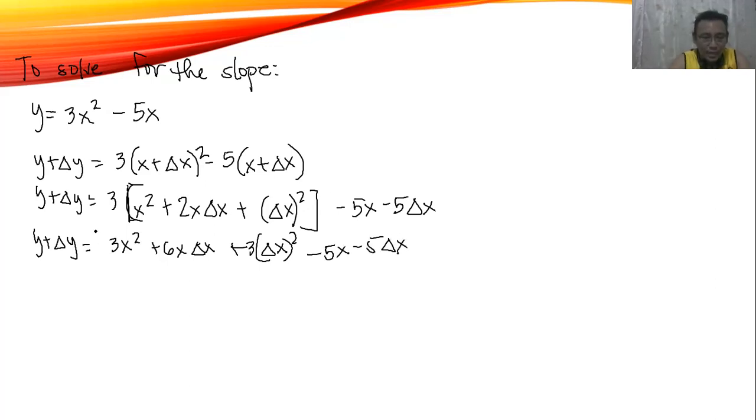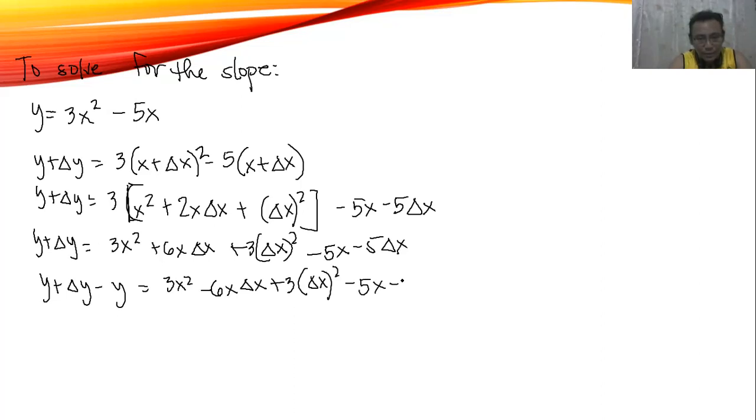So next is to subtract. We have y plus delta y minus y is equal to 3x squared plus 6x delta x plus 3 delta x squared minus 5x minus 5 delta x minus the quantity 3x squared minus 5x.